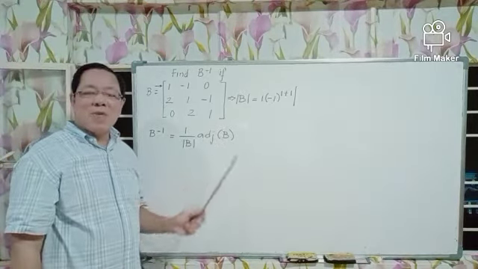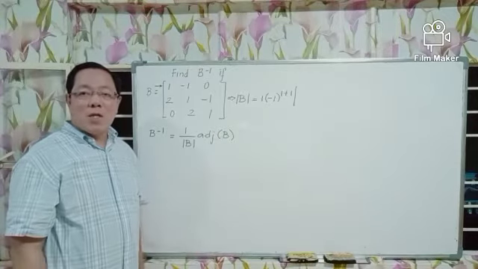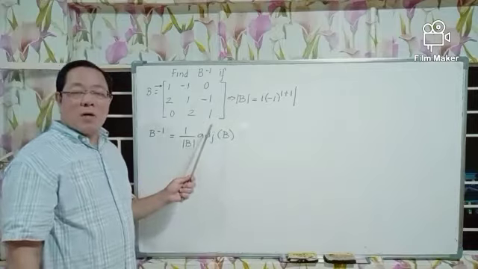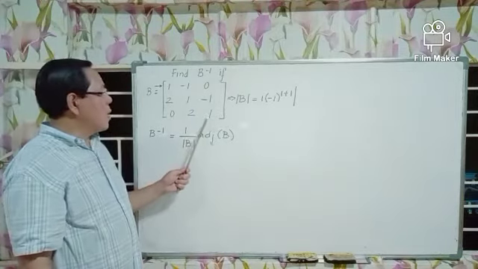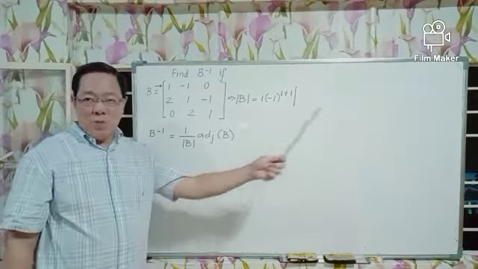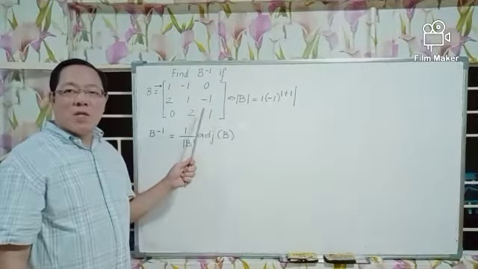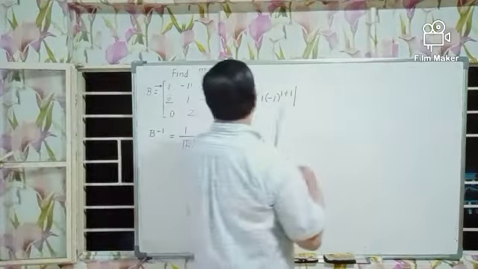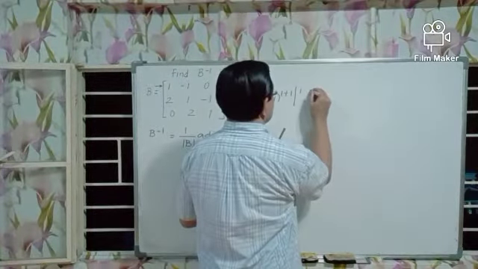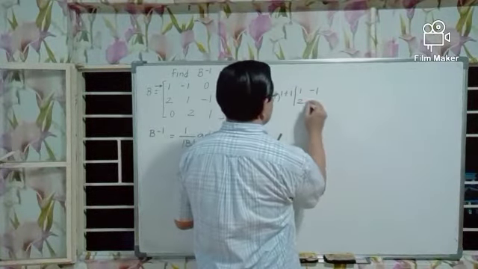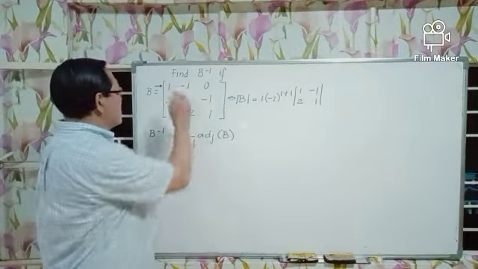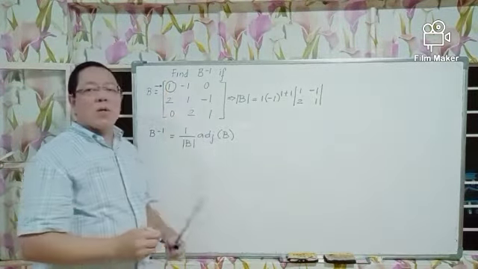By the method of getting the determinant of order 2, we use cross multiplication. We multiply 1 by 1, or we write first the determinant of order 2 with entries 1, minus 1, 2, 1. We are done with the first entry in row 1.